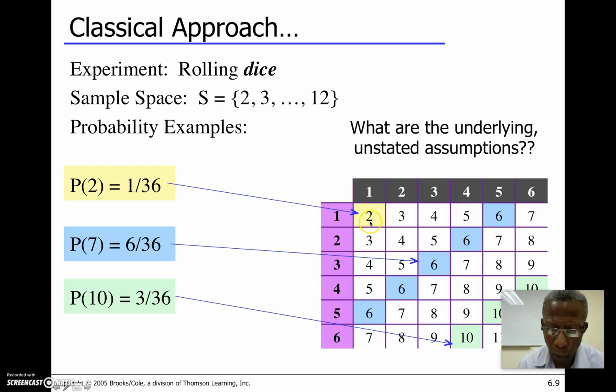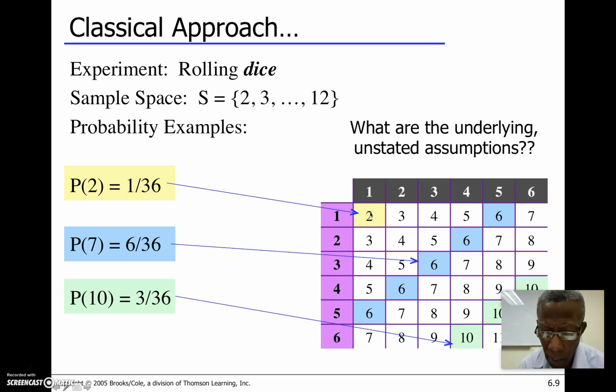So 2 here really means 1 on the purple die and 1 on the black die. 3 would mean 1 on the purple and 2 on the black die, and 4 would be 1 on the purple and 3, and so on and so forth. Those are totals pertaining to the face totals of both dice.